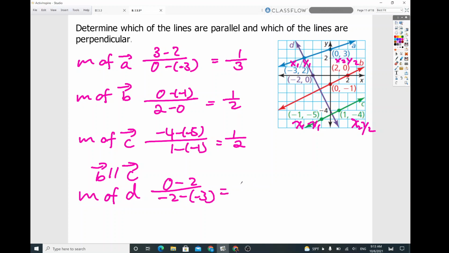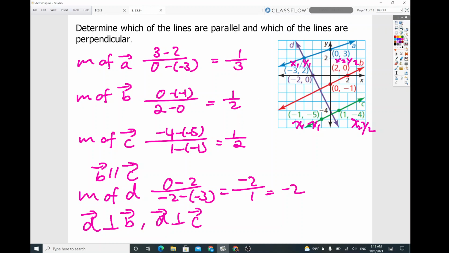What we found is negative 2 on the top, and the denominator is 1, so it's negative 2. Compare the slopes: negative 2, 1/2, 1/2. That means the transversal, line D, is perpendicular to line B and line C. So line D is perpendicular to line B, and line D is perpendicular to line C.